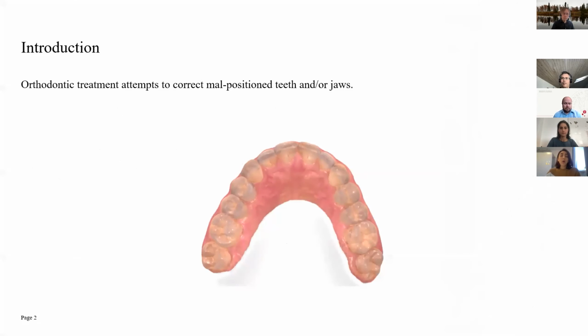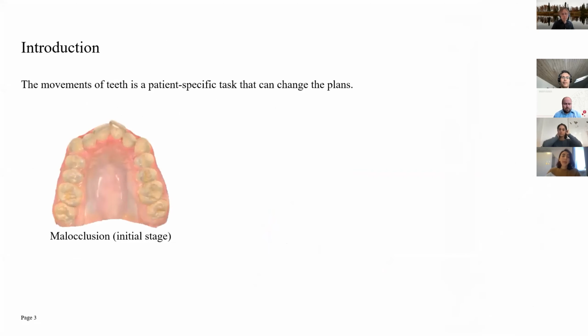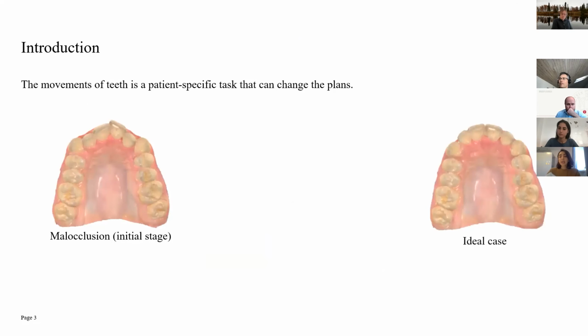As we all may know, orthodontics attempts to correct malpositioned teeth or jaw. The treatment begins with a malocclusion, and an orthodontist gets an intraoral scan of the current stage of the patient and designs an ideal case for the patient.